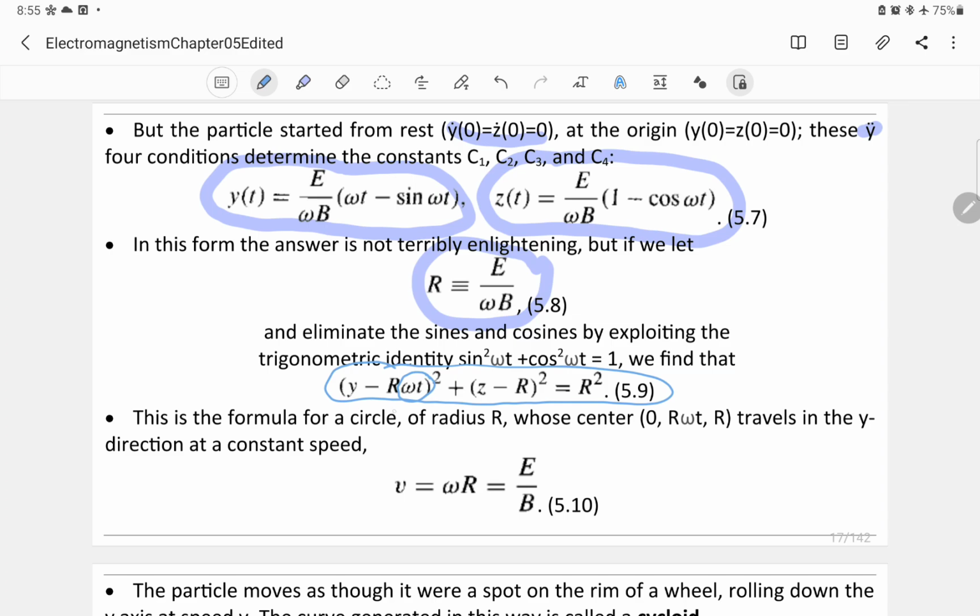So there's a time dependence in the y, so that your speed would actually be given by R omega. This is in the form y minus vt. So your velocity there would be equal to E over B.